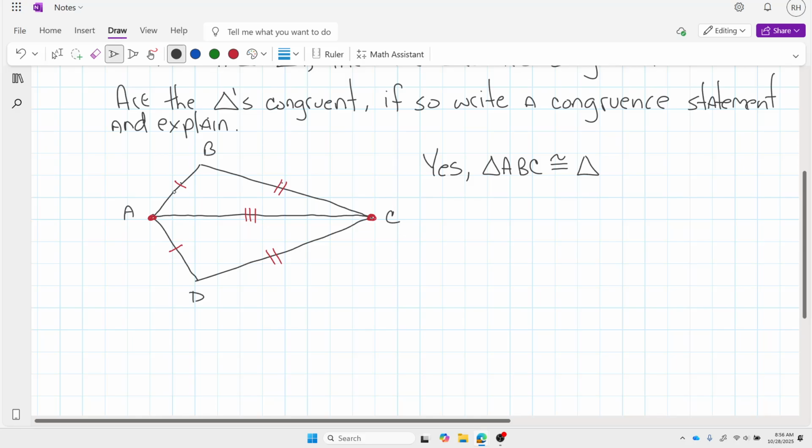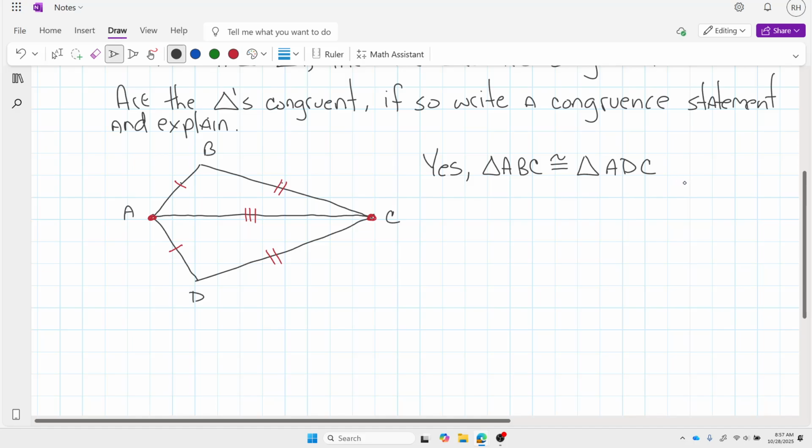Now, look, AB is the first 2 letters in our first description, agreed? And side AB is congruent to side AD, isn't it? All right, so we have to start our second description with AD. And then we went across this side with 2 tick marks. We went from B down to C, so we got to go from D down to C. So triangle ABC is congruent to triangle ADC.